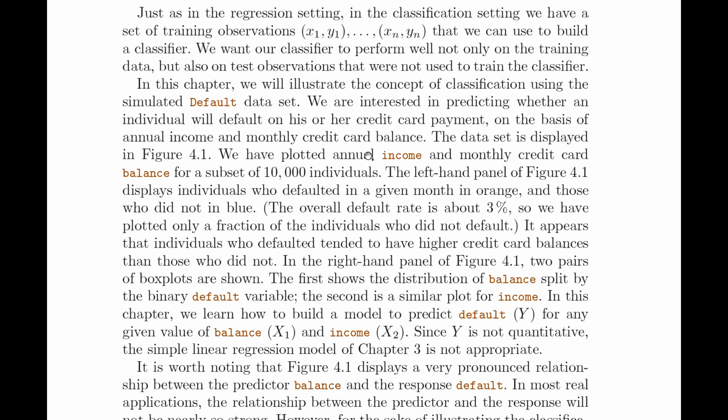We are interested in predicting whether an individual will default on their credit card payment on the basis of annual income and monthly credit card balance, meaning at least for the time being, we're not going to use the student variable, neither as a response.